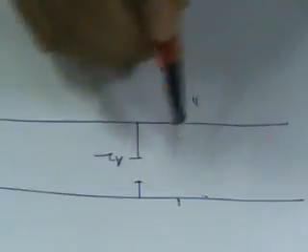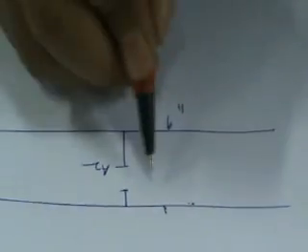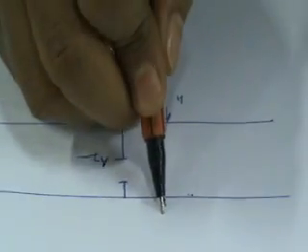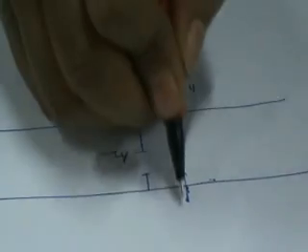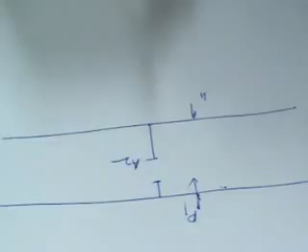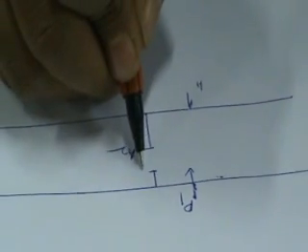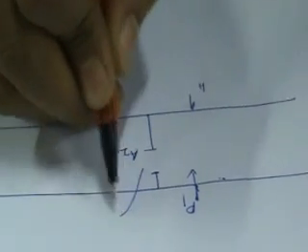Now, if we measure the pressure here, let's say this pressure is P1, and then after this orifice plate, let's say the pressure is P2.